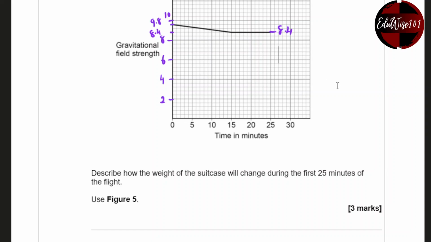But we can't use the numbers here, so we are just going to describe how the weight of the suitcase will change in the first 25 minutes. Well, between 0 and 15 minutes, the weight goes down, and then it stays the same from 15 to 25 minutes.